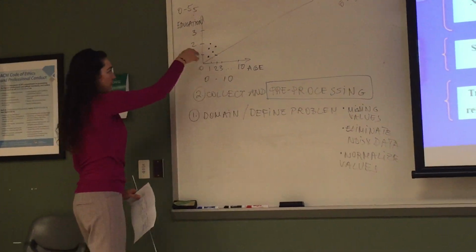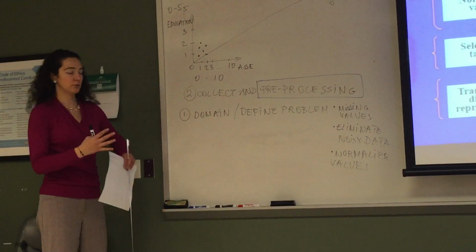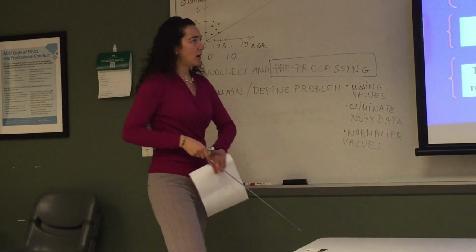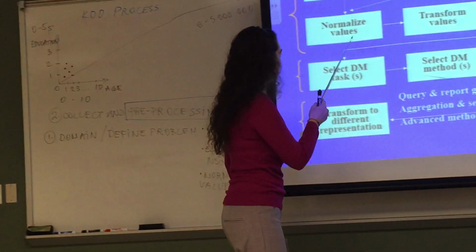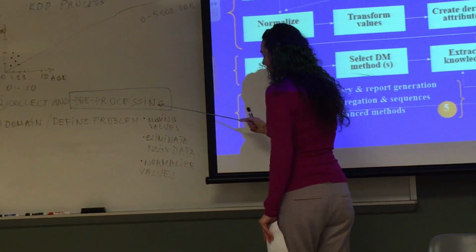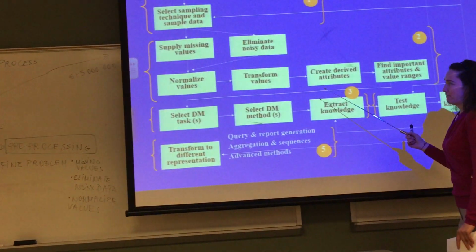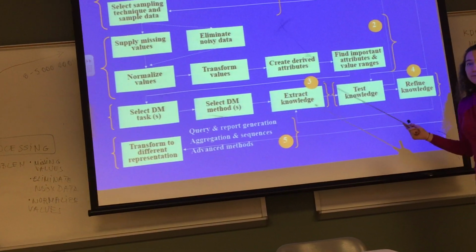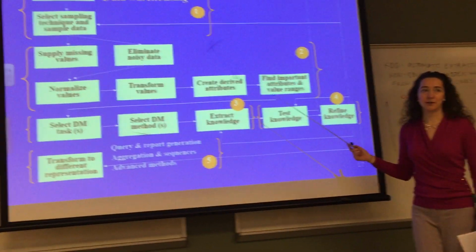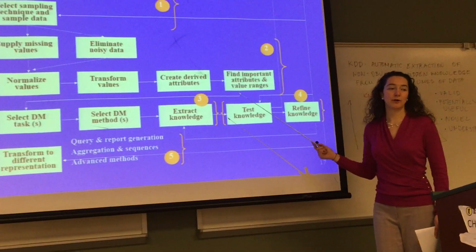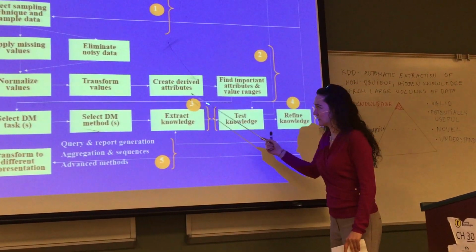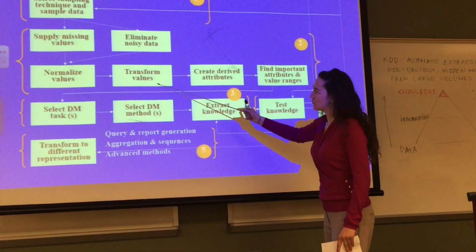And then it'll just look like this, and it will look normal. All of these things are pre-processing. All these things are something that we need to do. Otherwise, our data mining algorithm will not run, or it will run incorrectly, or it will produce results that don't make any sense. We might have to transform values.